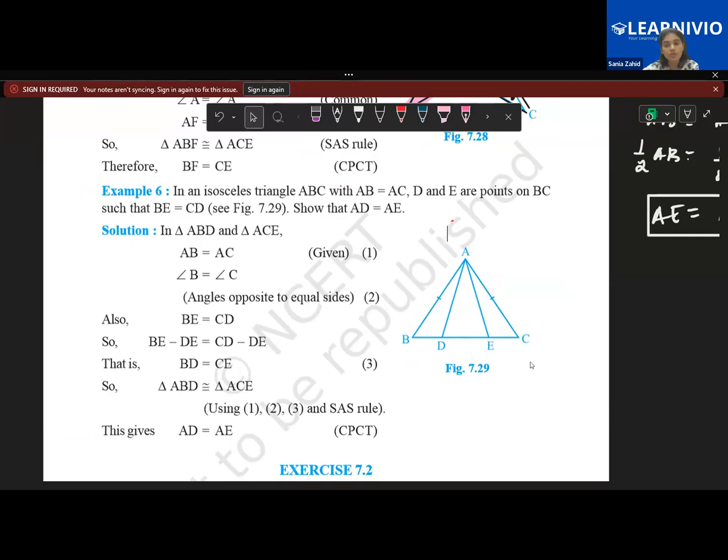Ammar, first of all, put on your camera and then answer. Okay, ma'am. Sorry. Abdullah, do you hear me? Children, an isosceles triangle is basically the one that has 2 sides equal.